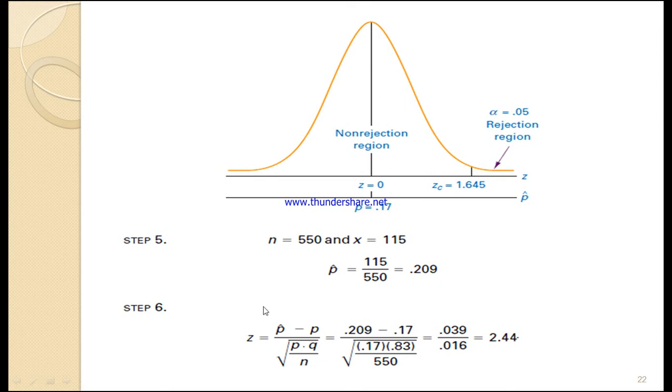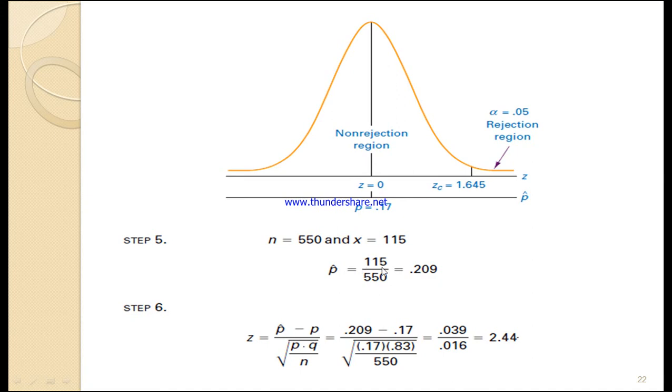Step number 6 is calculating the observed value of Z. The observed value of z is equal to p naught minus p divided by the square root of p times q all over n. Let us substitute these figures in this formula.